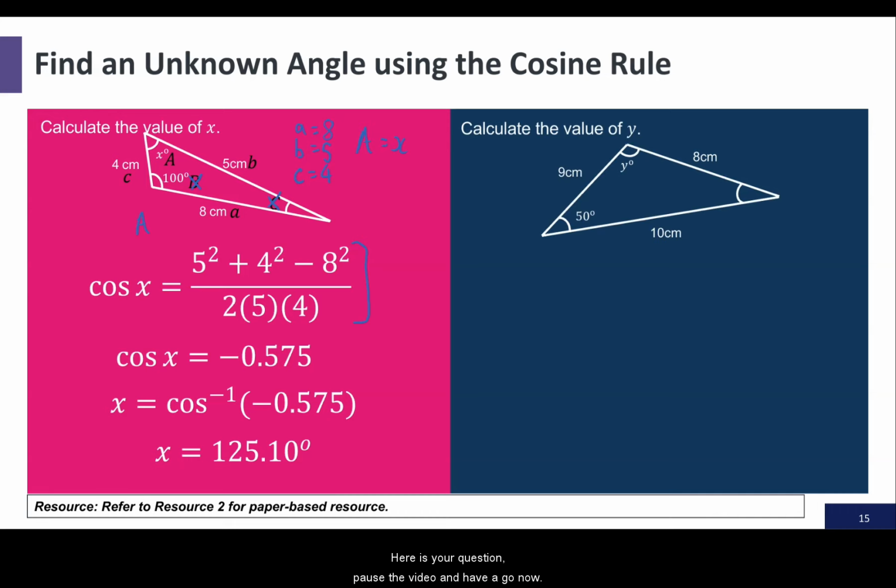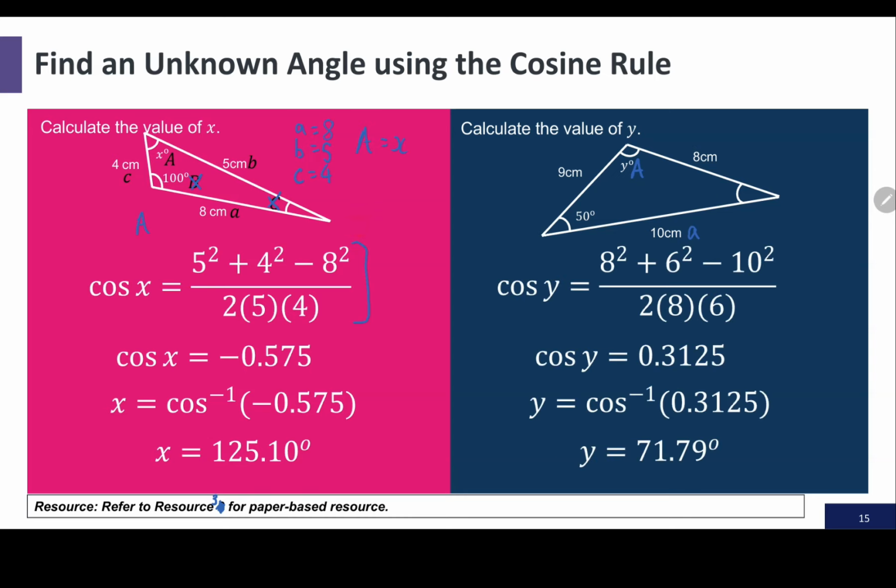Here's your question. Pause the video and have a go now. So let's check. Y should have been capital A. 10 centimetre side should have been lowercase a. B and C, doesn't matter which way around they are.